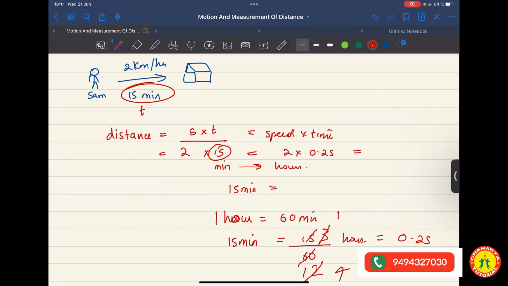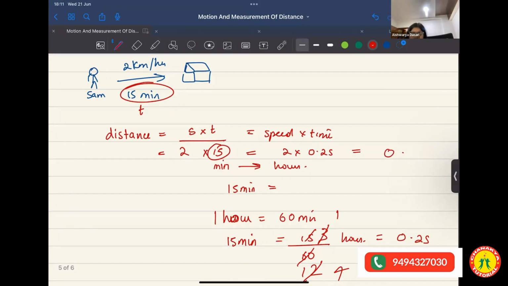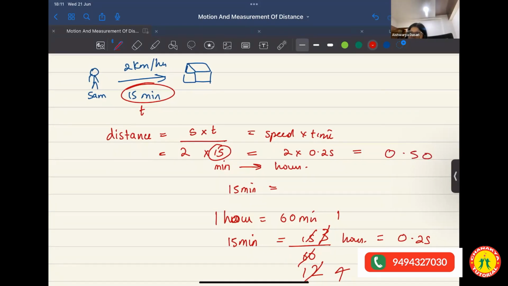What is it? 0.50. Now what will the unit be? I did one more mistake. Can anyone spot that out?